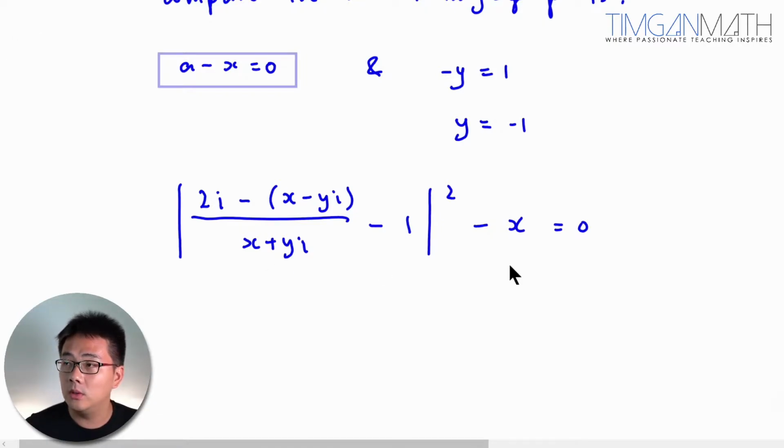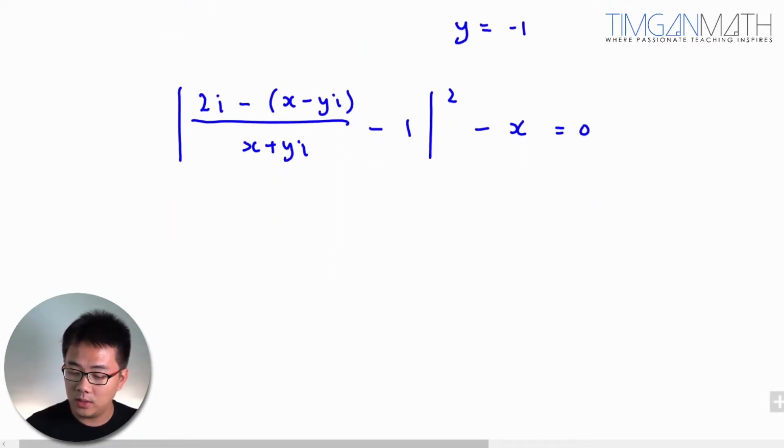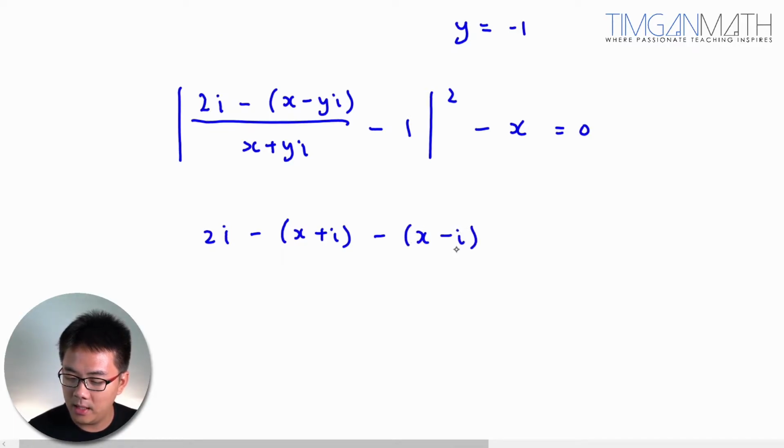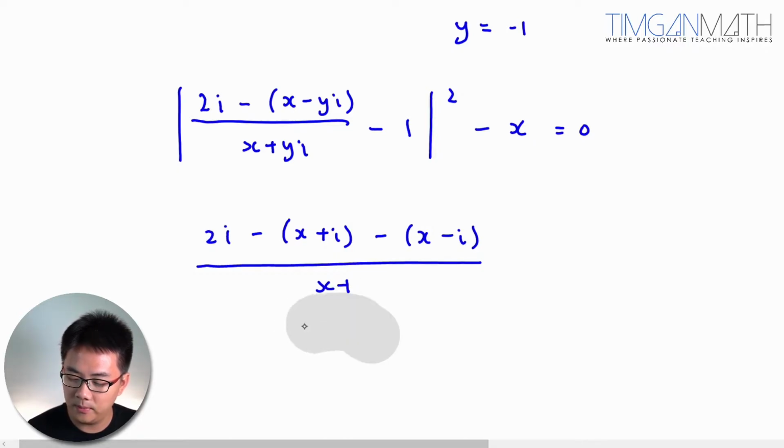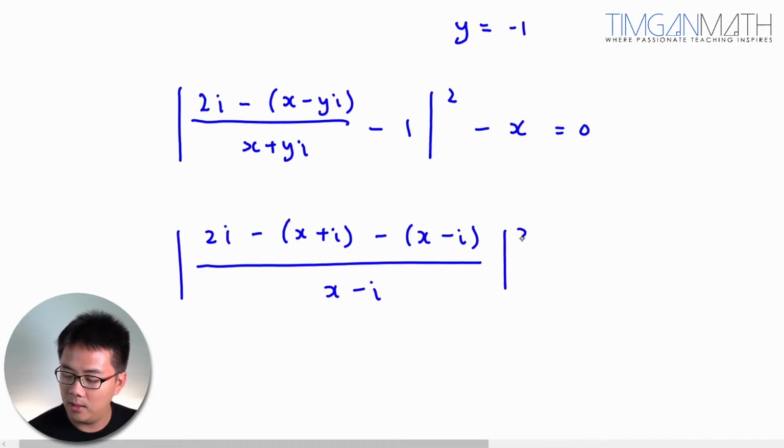Okay, so this is what I'm going to do. Basically, I'm just going to try and simplify this and see whether I'll get the answer. So y is minus 1, so you could just simplify it. So this would be x plus i, and this would be x minus i. Just make it a common denominator here, minus i. This is x minus i, and the modulus, this will be x over the other side.